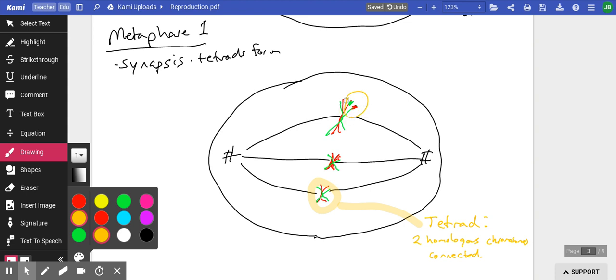So we'll call this right here crossing over. And it's when homologous chromatids swap DNA.